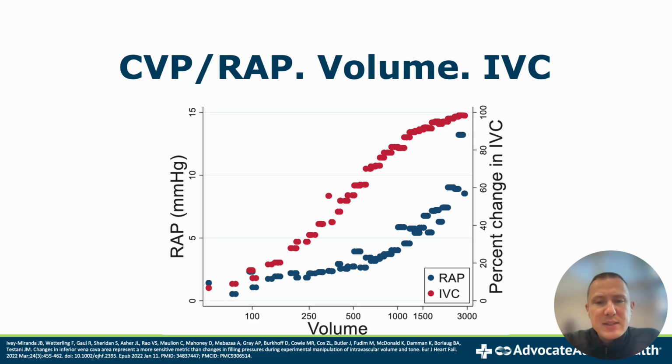And in this animal experiment on interaction of CVP or right atrial pressure, volume, and IVC, I think it was nicely shown that CVP rises steadily with the volume, but IVC perhaps is more sensitive. IVC dilation specifically is probably a little bit more sensitive than the CVP to changes in volume status.